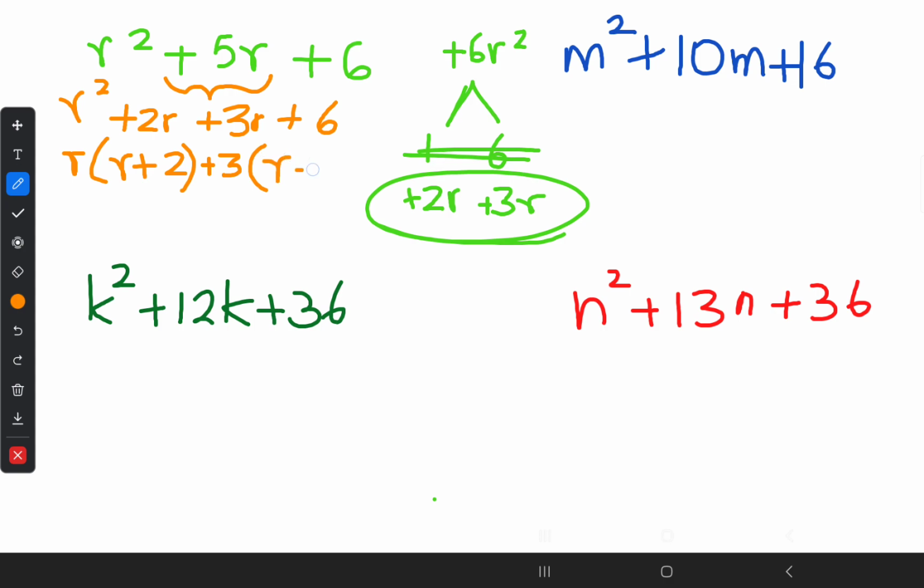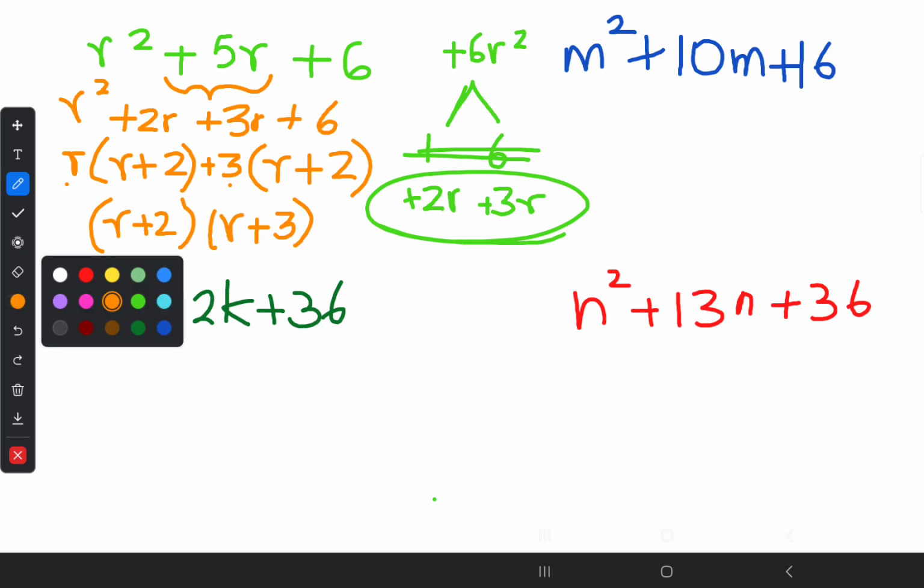That will give you r plus 2. You should make sure inside the brackets you have the same values. We have the same values, so our factorization was correct. So r plus 2 is a factor. The next factor is r plus 3. Don't make it complicated, it's really easy.